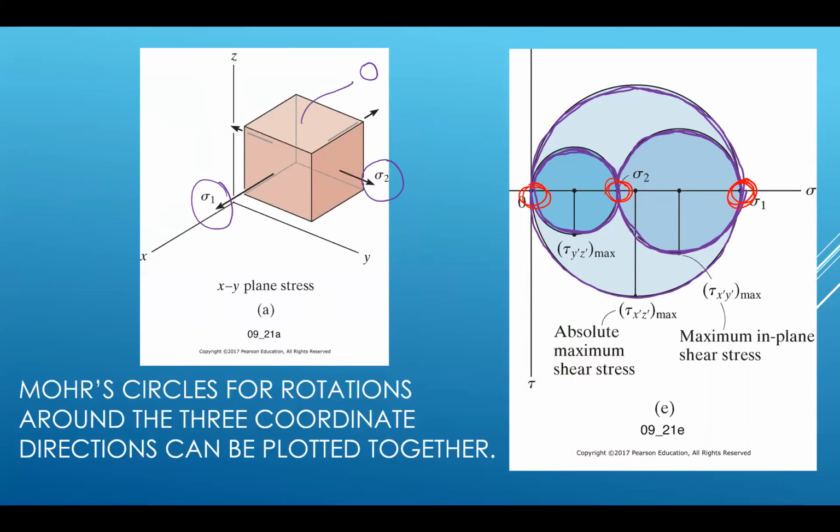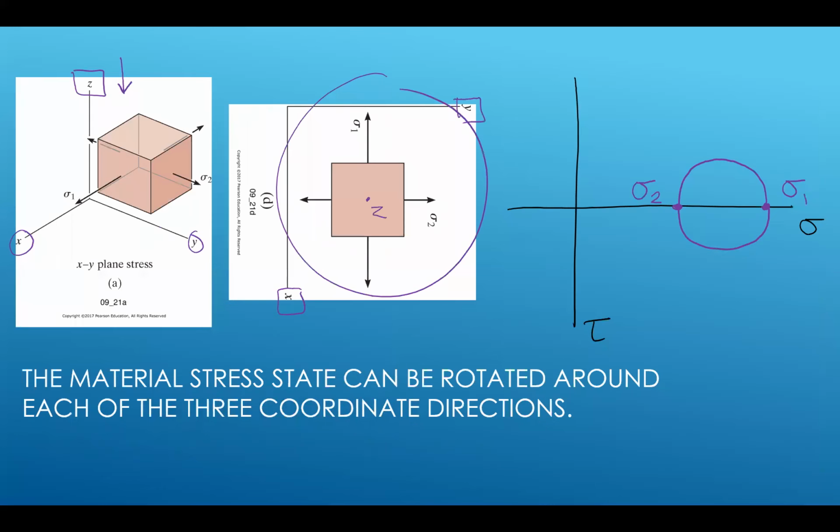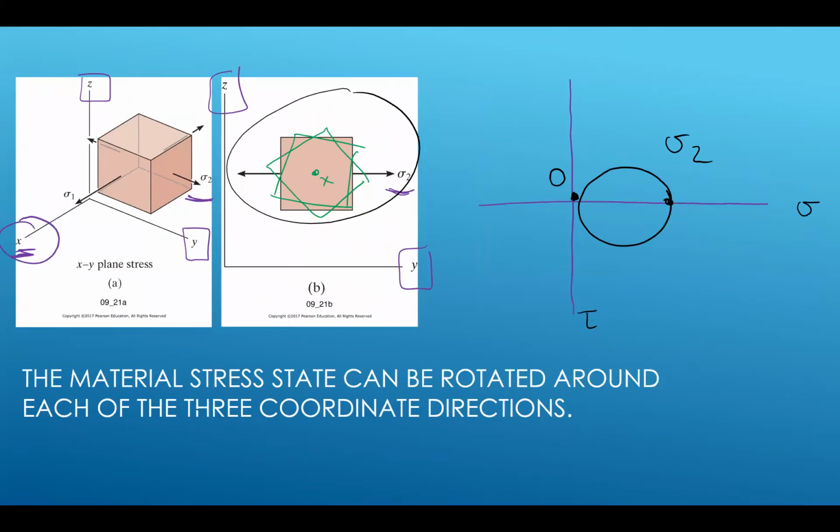So essentially, it's like looking at the material in a two-dimensional format and recognizing that the normal stress components are going to vary somewhere between the two normal stresses that are shown on the material. So this one will have to vary as you rotate it.